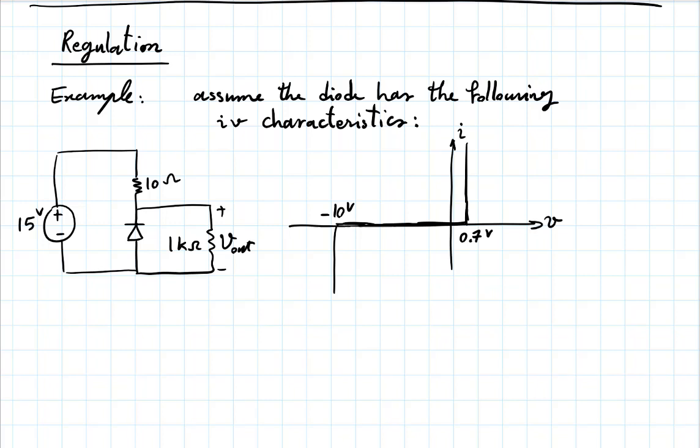And let's imagine for a second that the diode is at its 0.7 volt positive. Let's see if things work out. So if I have 0.7 positive, like this, let's solve the rest of the circuit. What will be the voltage across the 10 ohm resistor?